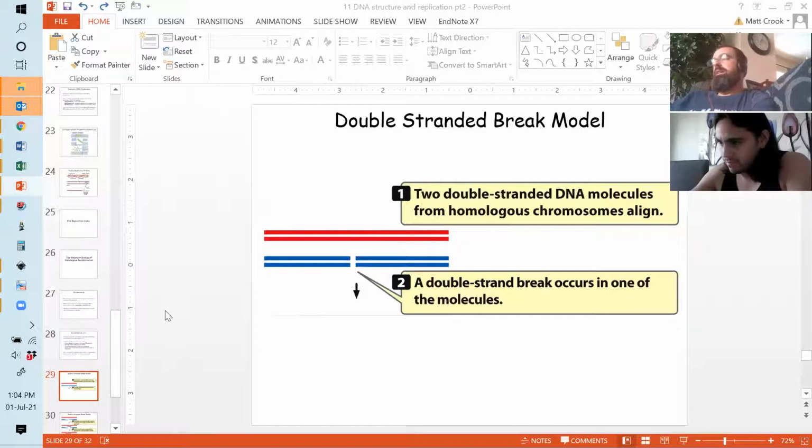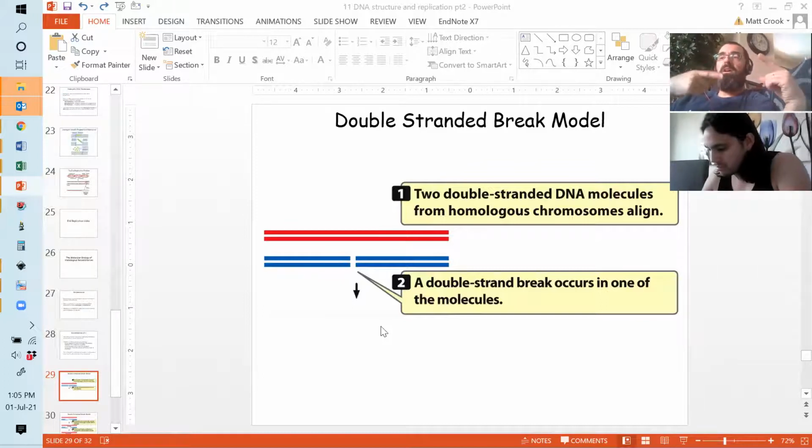The general big picture idea is we're going to cut that DNA back, so we end up with single-stranded DNA for each end of this broken chromatid. We're going to chew back some of the DNA so we have essentially overhangs.